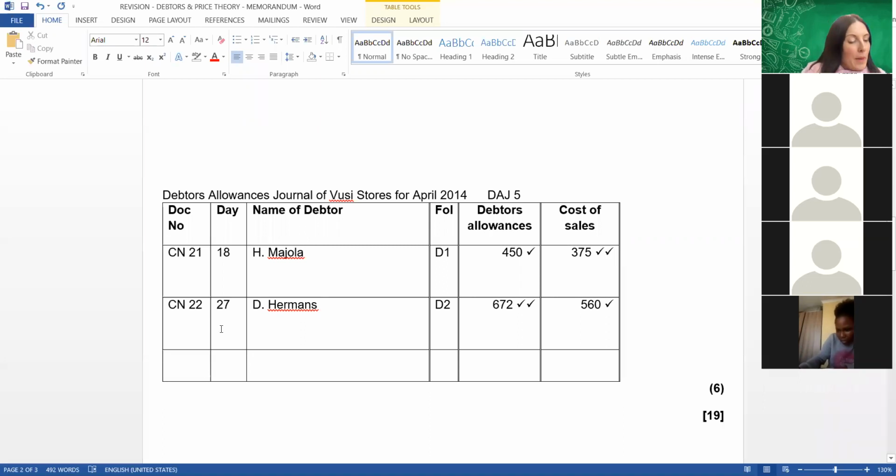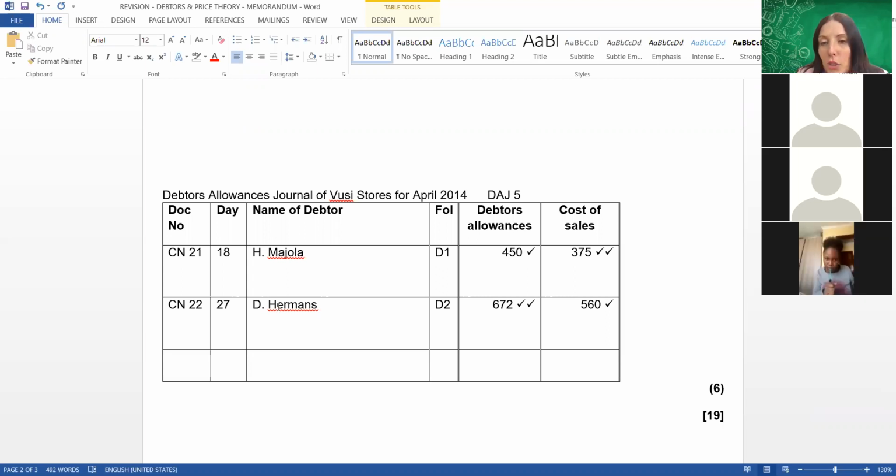Right, and then on the 27th, please watch out for this one. I hope you read carefully. This one said goods with a cost price of 560 Rand were returned by D. Hermans. So the cost price of the goods was 560 Rand. You put that in your cost of sales column, and now you have to work out your sales price.